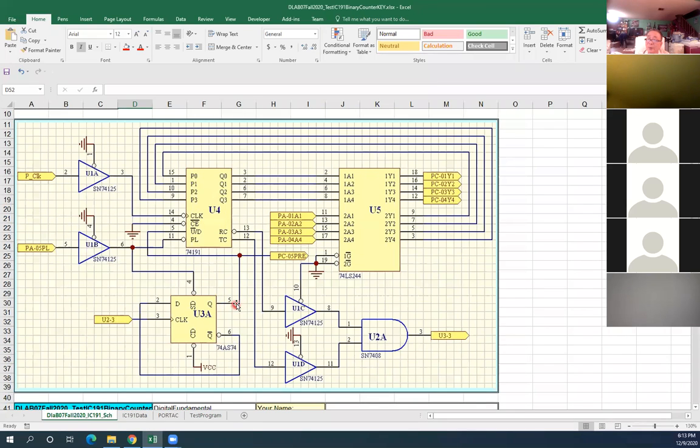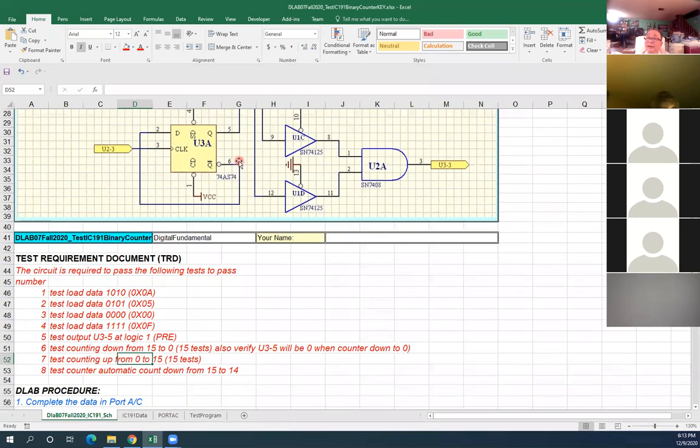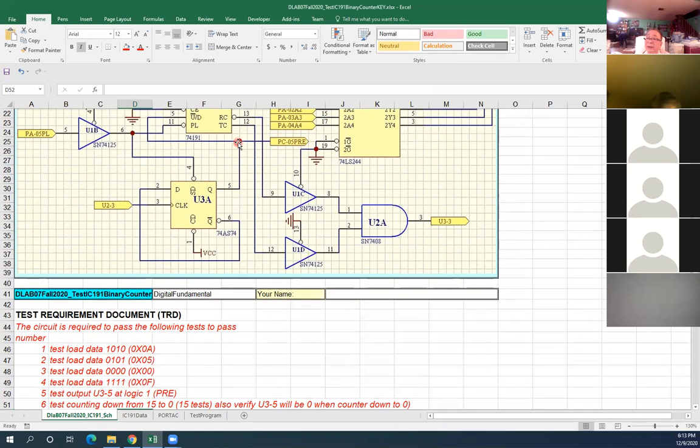So this now will be 0. And when they apply the clock, they will start counting up. So in here, let's see what they are testing for. Okay, they are not testing for this guy.